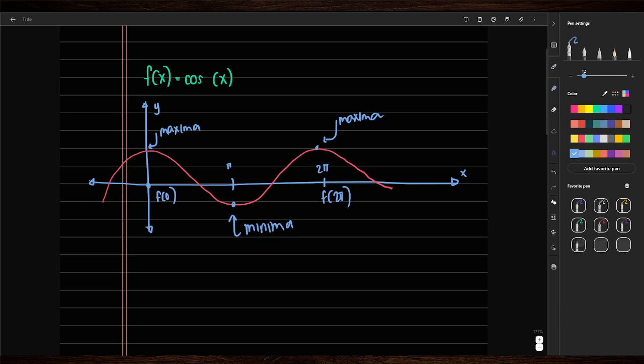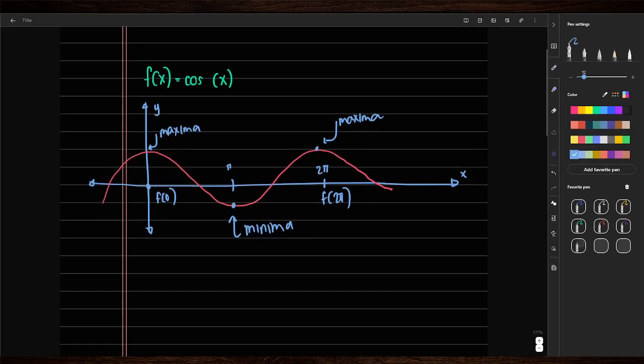What we could do with this kind of situation is to say that when your cosine of x is equal to 1, it is your maximum. Sorry, cosine of x when equal to 1 is your maximum.